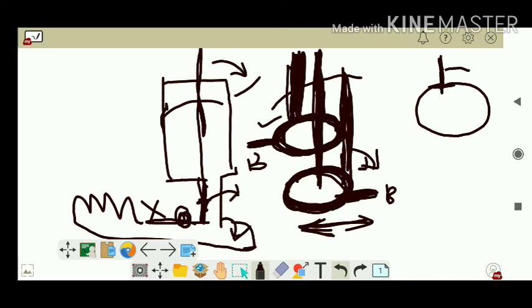So when this coil moves downwards, our ring also rotates along with it. Clear? Okay, now we are moving on to how this entire system is going to work. Clear? So let's remove this entire section.